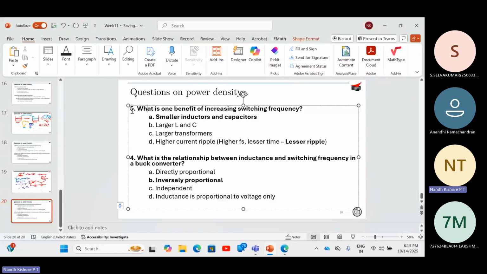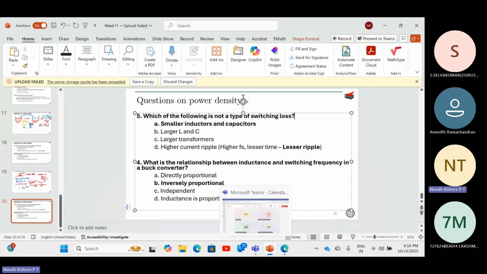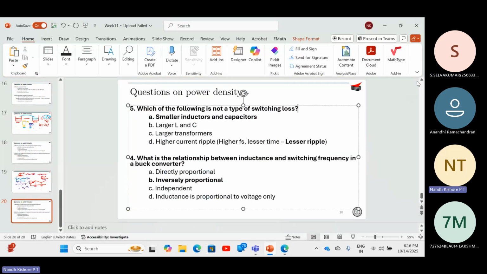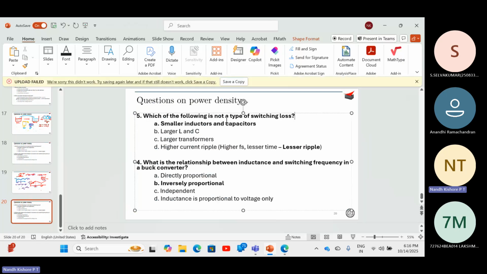Most of these questions are simpler, but we'll discuss them for the benefit of your exams. Which of the following is not a type of switching loss? By the way, is my screen shared? Yeah.